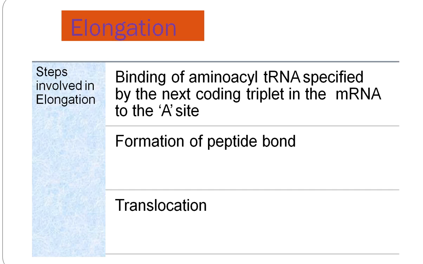It is also a three-step process. It involves several proteins called elongation factors. First step involved in elongation is binding of aminoacyl tRNA, specified by the next coding triplet in the mRNA, to the A site. Second is formation of peptide bond and third is translocation.